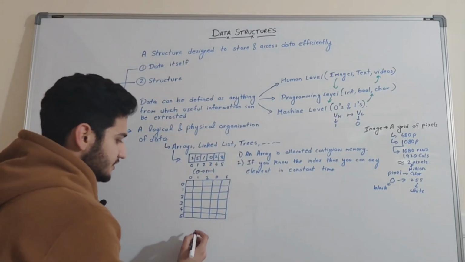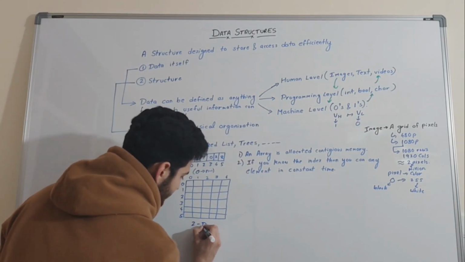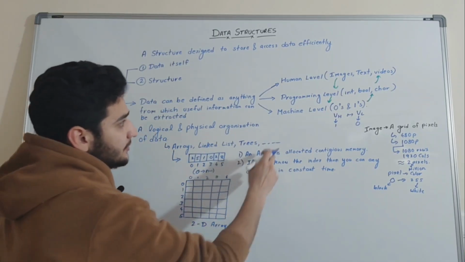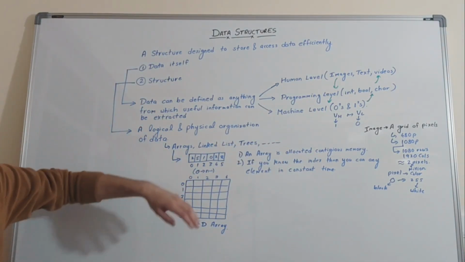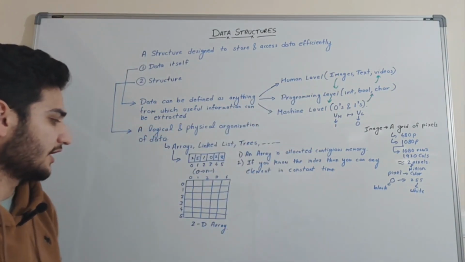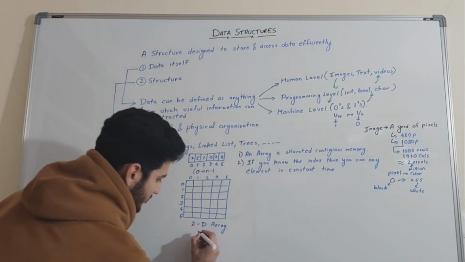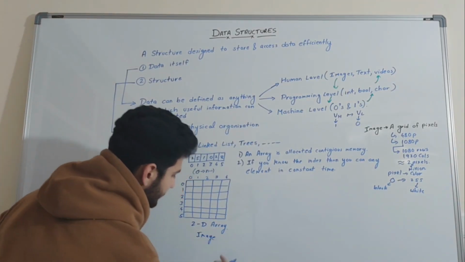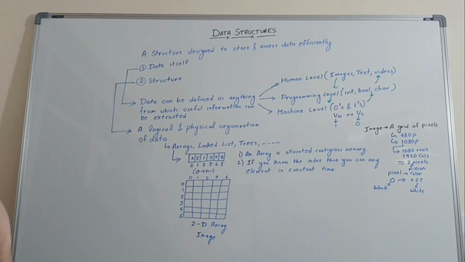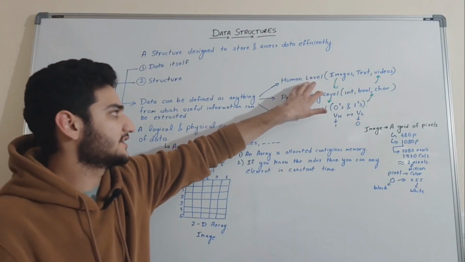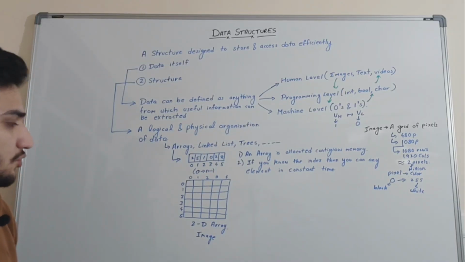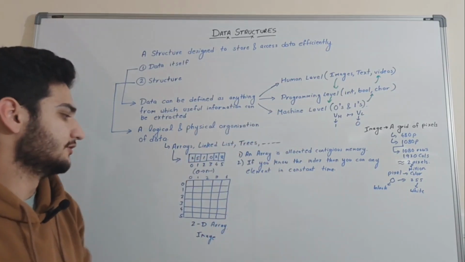So we will create a two-dimensional array at the programming level, which is actually going to correspond to an image at the human level. This is how an image at the human level is translated to a two-dimensional array at the programming level.